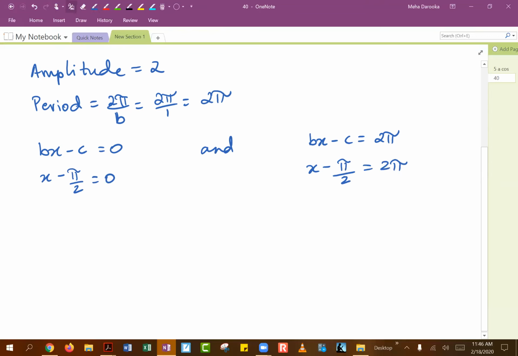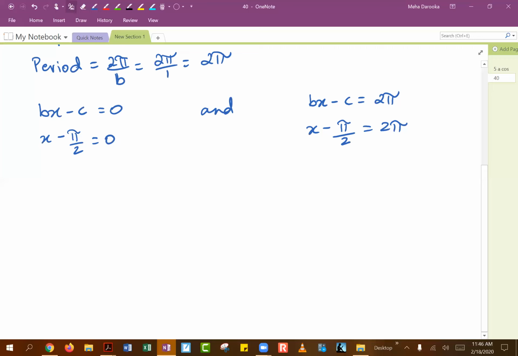What do your 2 x values come out to be? Okay, pi over 2 from here. And you said 5 pi over 2?